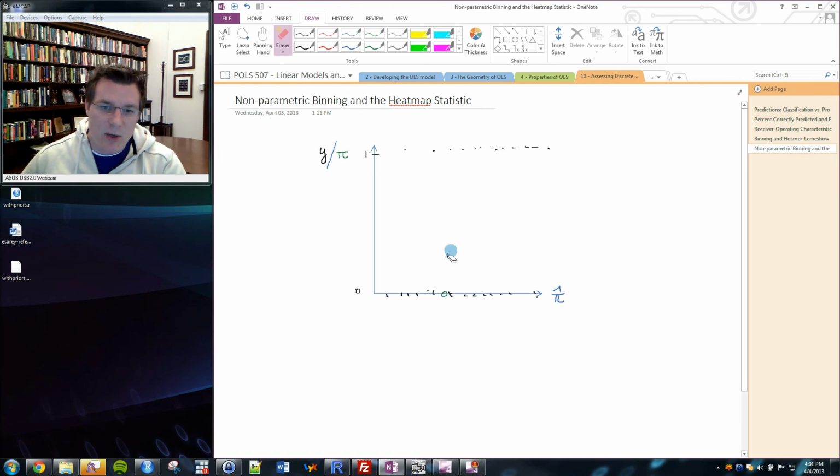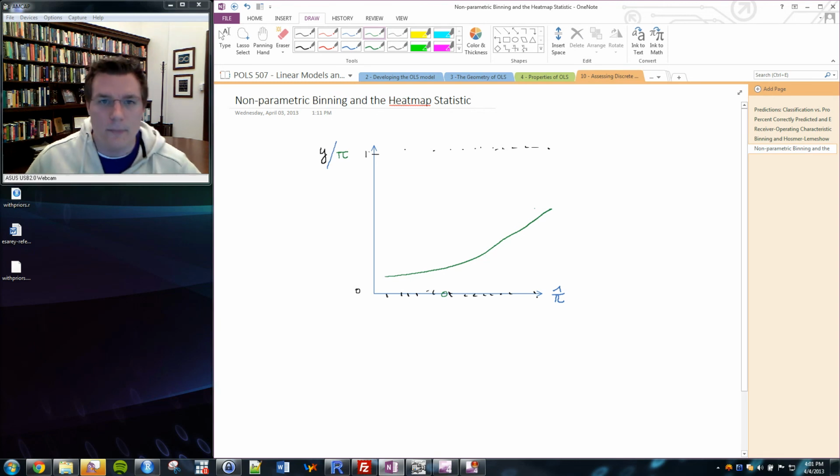But essentially it's some kind of weighted average, and that becomes our prediction for pi hat. So in this case it might look a little something like this. And actually in the heatmapFit package that uses this technique that I'm going to show you in R in a second, we actually do first degree local linear fitting.